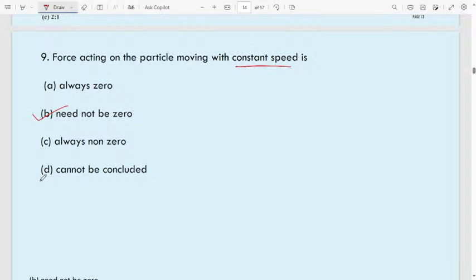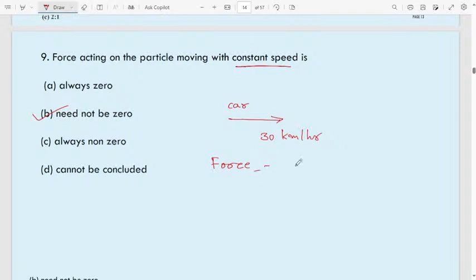Need not be 0 means you need some force. Consider a car moving at 30 kilometers per hour, the same constant speed continuously. To maintain this speed, you need a continuous force.